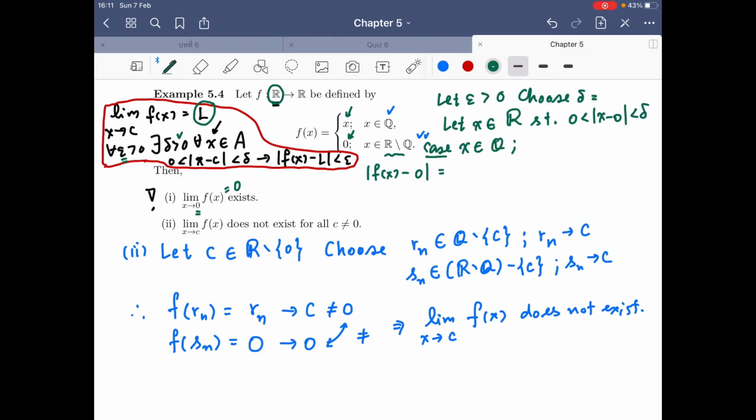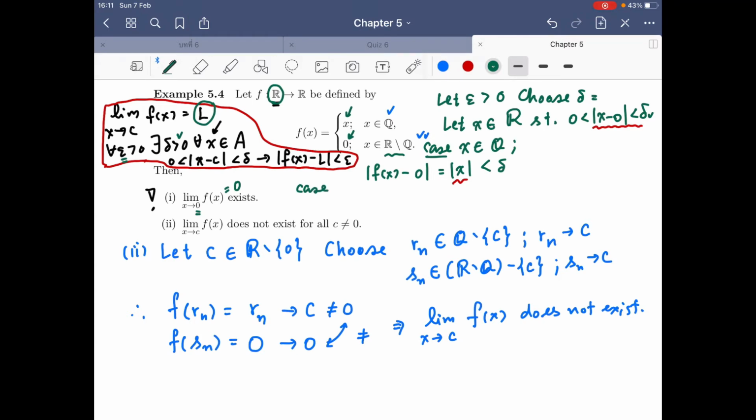However, x is rational, so f of x is x itself, and that condition is the same. At the end we need it to be less than epsilon, right? But from this condition we know that it is less than delta at once.